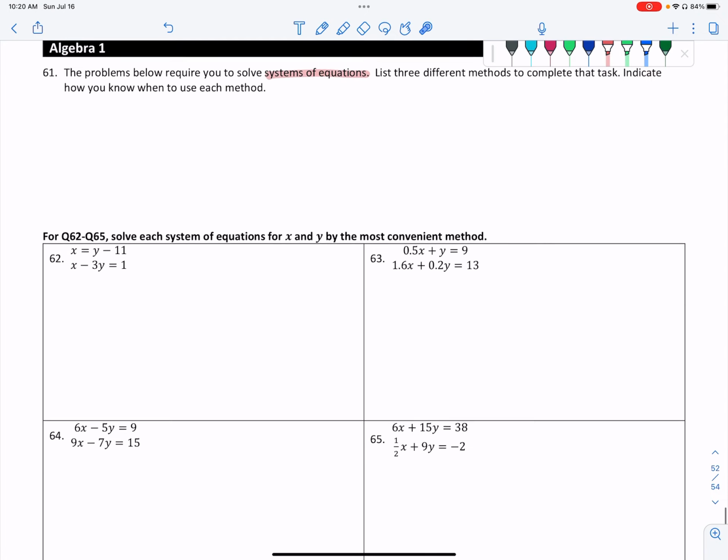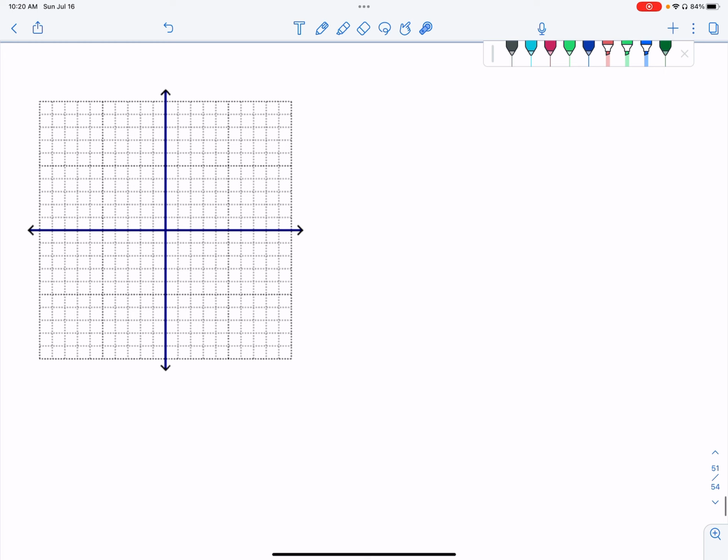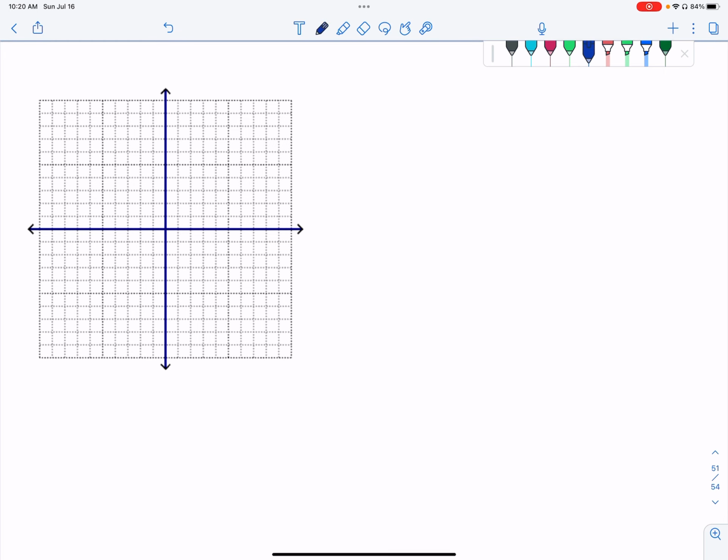So let's begin by looking at some graphs, because that's usually what you do whenever you first start learning how to solve a system of equations. Systems of equations.